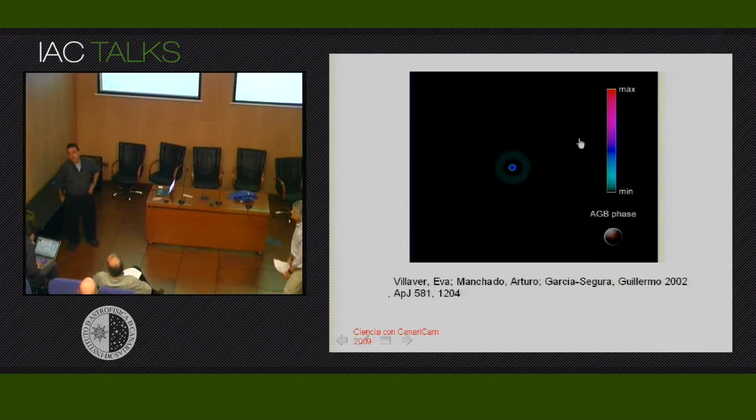So maybe at 10 microns we may see some structure that is not seen with HST. But certainly we are talking about at most 100 targets. I doubt 100. I would say 10, 20.